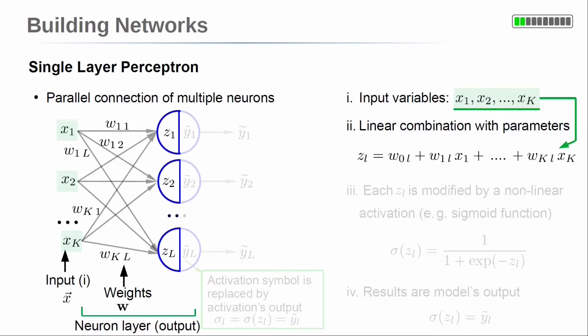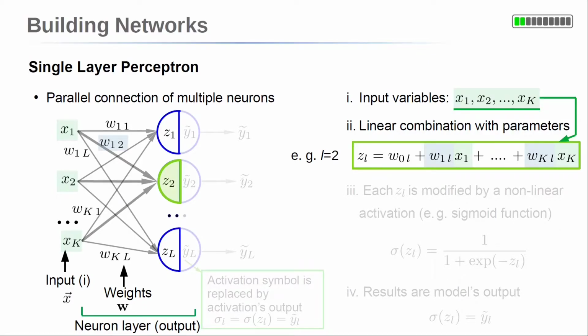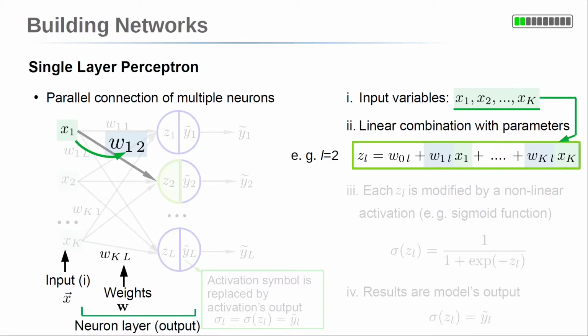Linear combinations of the variables are performed. For the Lth neuron, for example, the second neuron, each variable xk is multiplied by an individual model parameter wkl. The weighting parameters for the variables are subscripted with a first index to indicate the input variable they are multiplied with.